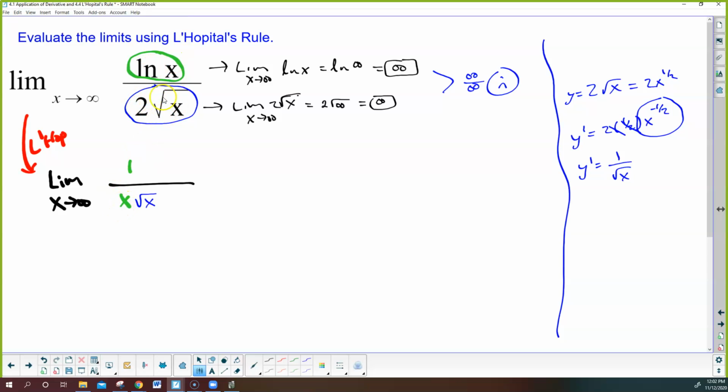And notice how the derivative of the bottom is just, actually, I gotta be really careful. The derivative of the bottom is 1 over the square root of x. Now, what happens here?